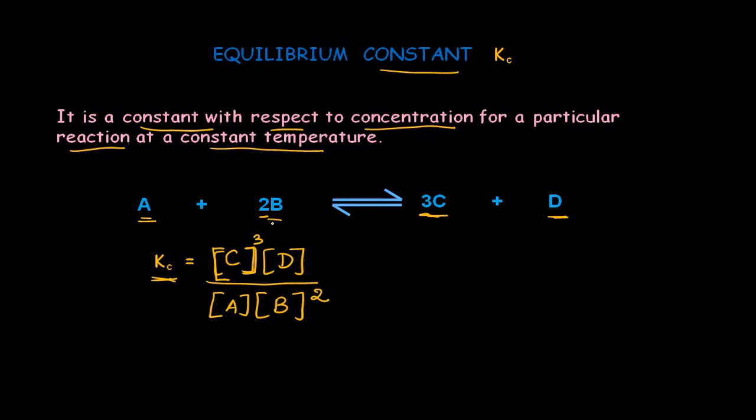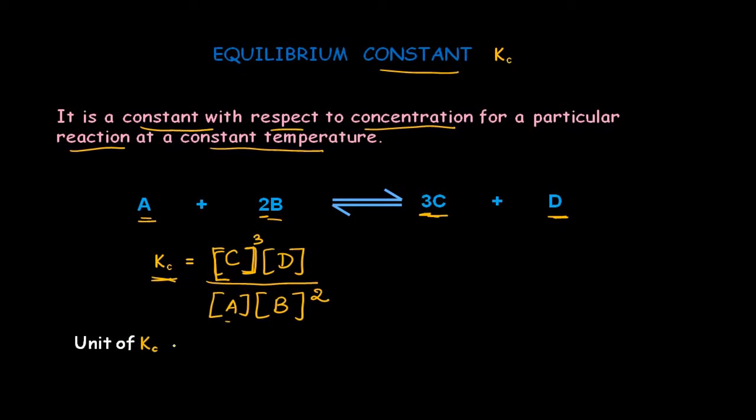So that shows that the products have to be written on the numerator, the concentration of the products, and the mole ratio should go in the power of that particular product, divided by, that is in the ratio, the concentration of the reactants. Again the mole ratio goes in its power.